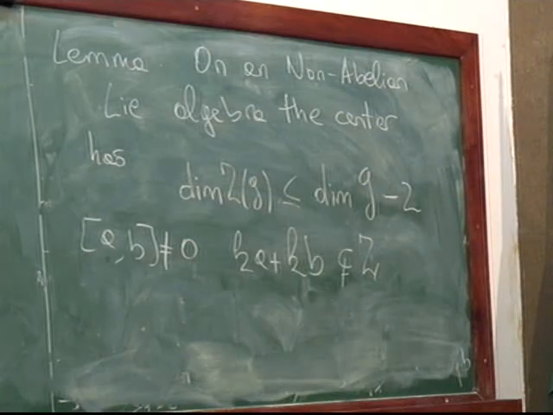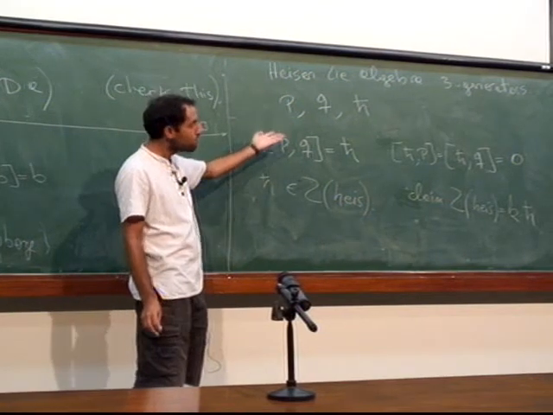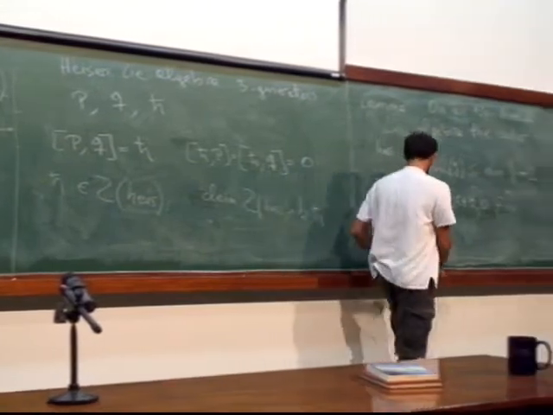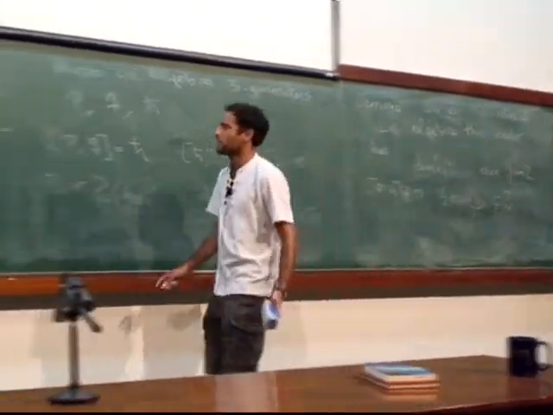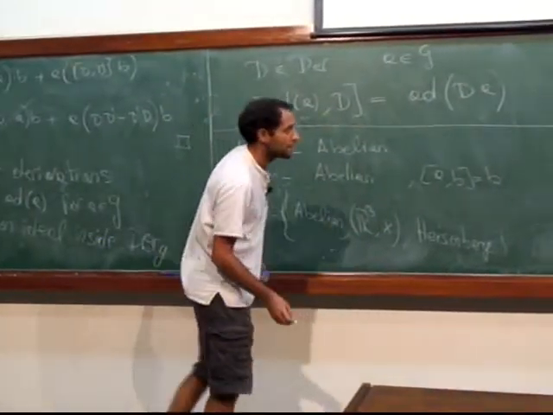That's it. So now we have a three-dimensional Lie algebra. It's non-abelian. The center has dimension at most 1, and we found a one-dimensional space inside of it. Good. Let me finish by writing this algebra in a different way. Well, first of all, exercise.